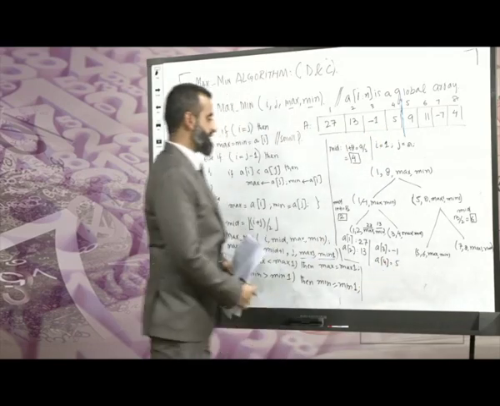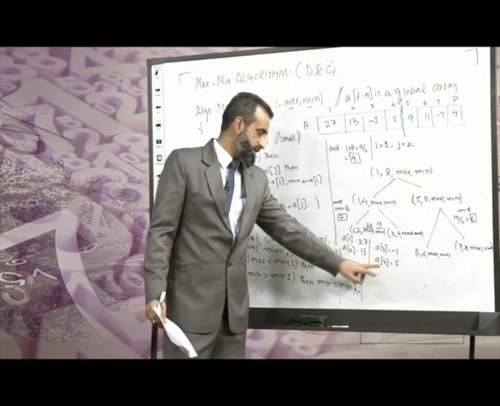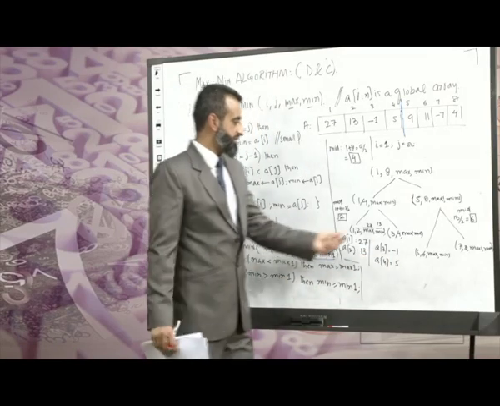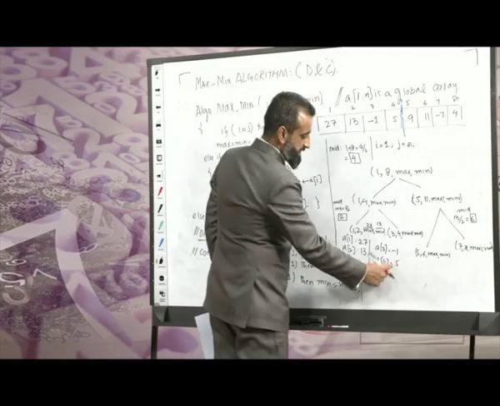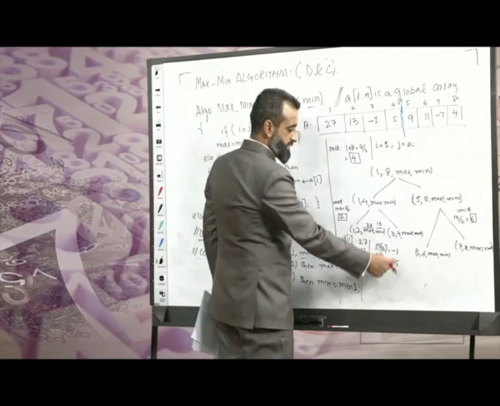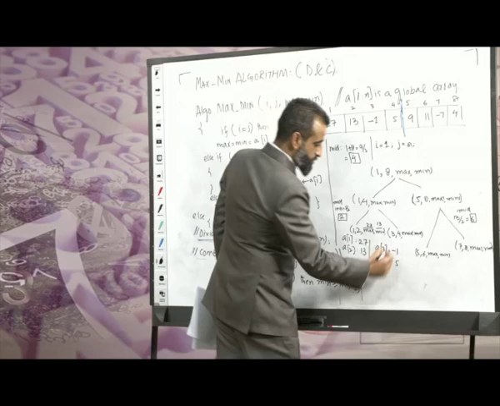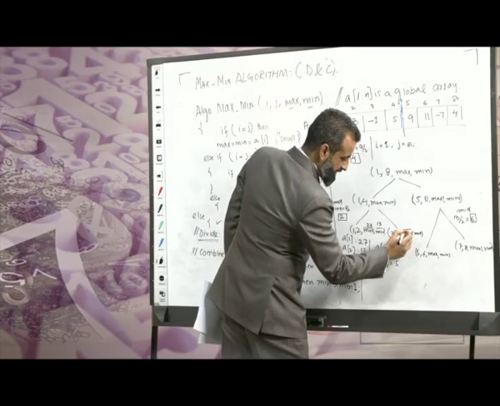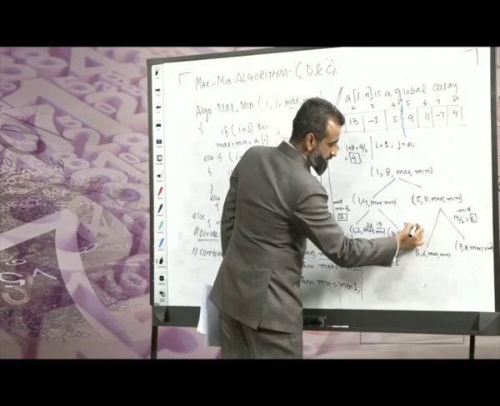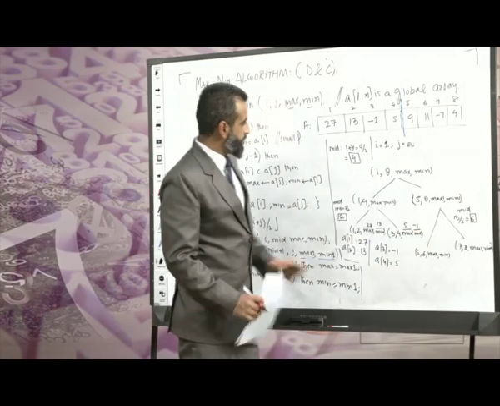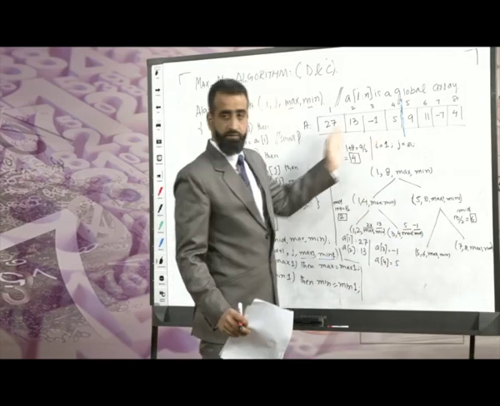If we make the comparison between a of 3, that's minus 1, and a of 4, that's 5, we can find out that a of 4 is larger than a of 3. So 5 is larger than minus 1. So max1 here will be storing 5, and min1 will be storing minus 1. So this half we are done with.